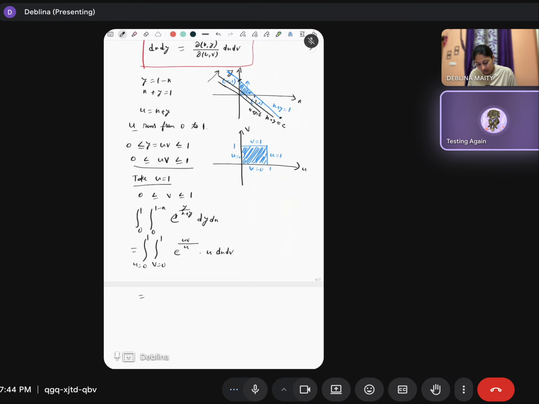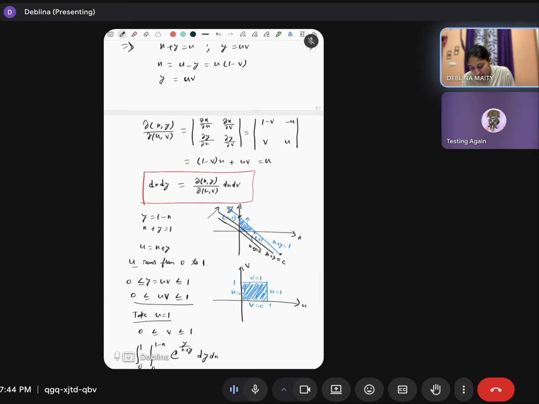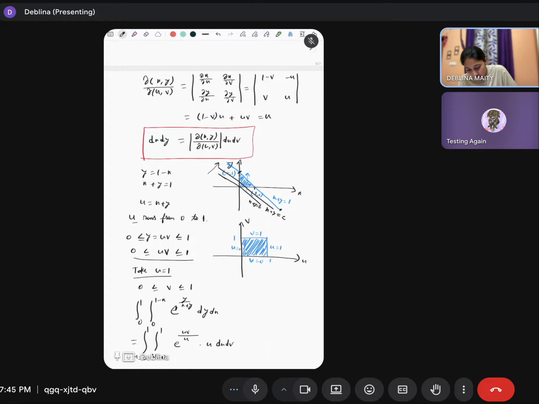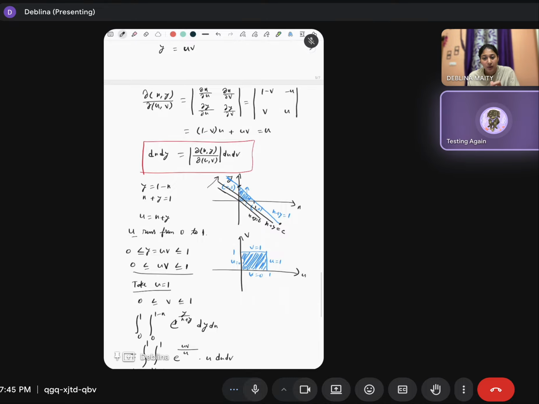So I have a doubt. In the integral we have dy dx, but the Jacobian formula is saying dx dy. Can we interchange it?